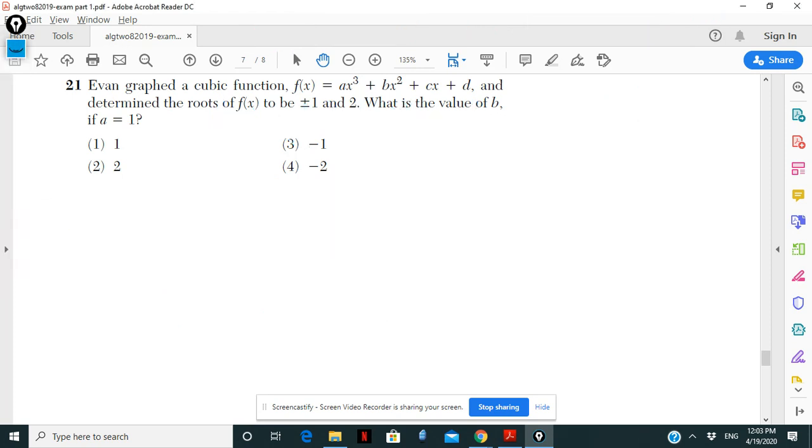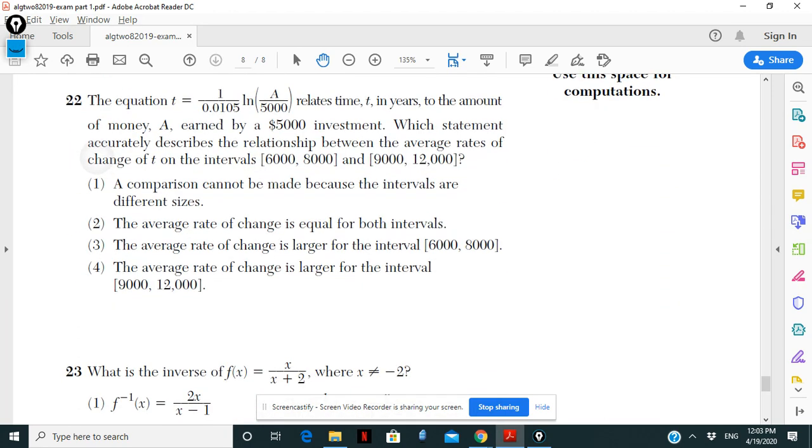Question number 22. The equation t equal to 1 over 0.0105 ln of a over 5,000 relates time t in years to the amount of money a earned by a 5,000 investment.